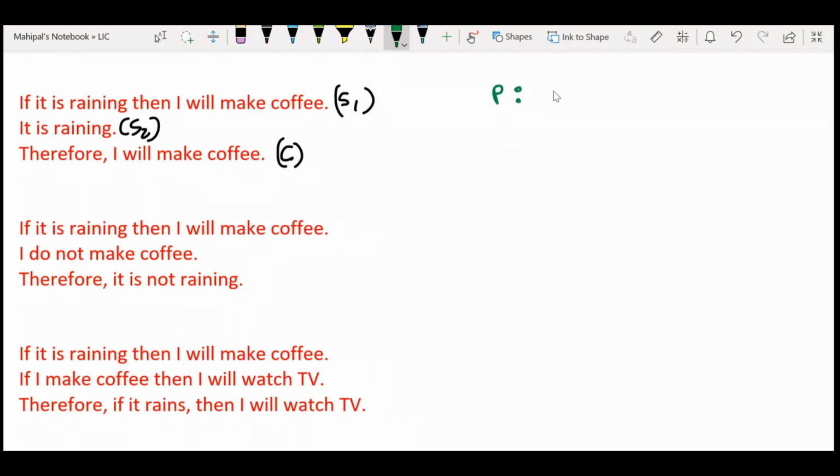So raining is P, and "I will make coffee" corresponds to Q. Then the first statement, if it is raining, then I will make coffee, has the equivalent representation P implies Q.